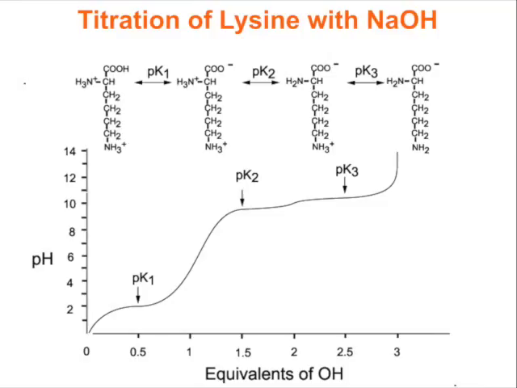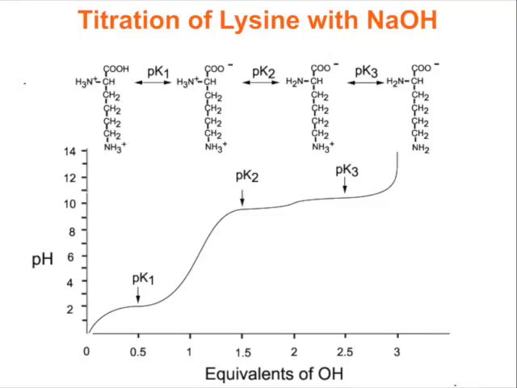Now the isoelectric point is the point where the free amino acid has a net charge of 0. So some individual functional groups might have a charge, but the overall charge of the amino acid is 0.